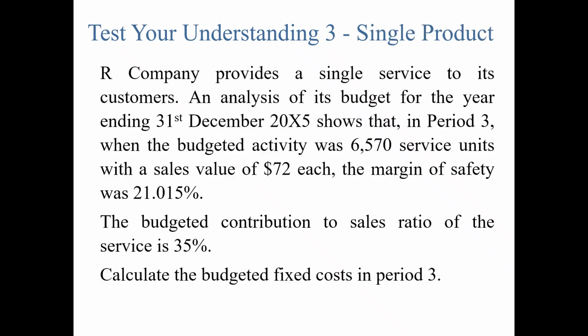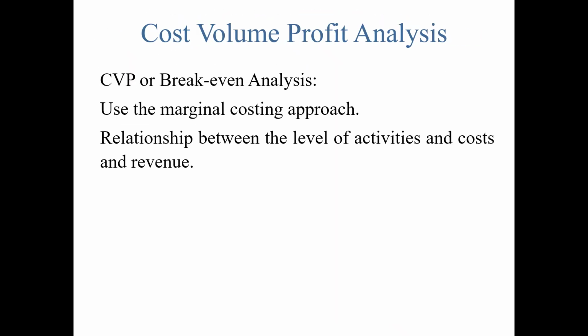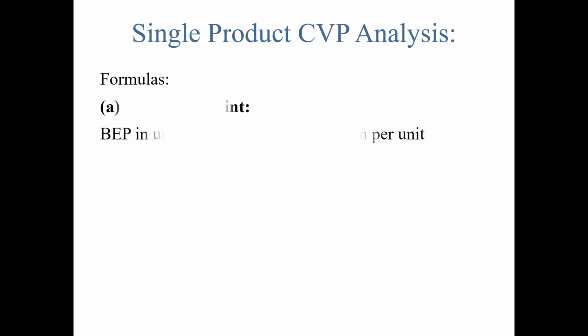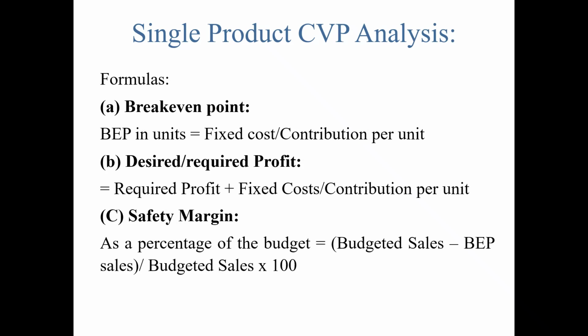What was the formula of the margin of safety? Budgeted sales minus break-even point sales divided by budgeted sales multiplied by 100. I have the value of the budgeted sales and I have the answer of the safety margin also. So from here I can extract the information of the break-even point.